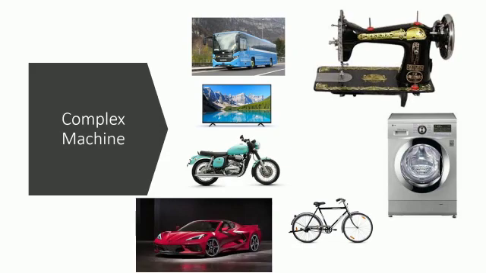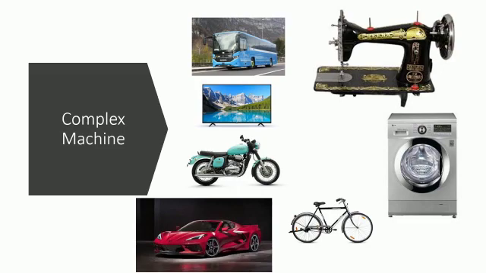Complex machine. A complex machine is created by combining many small machines. These machines have many parts which carry out many processes for completing a task. For this purpose, the parts are joined to one another. Some of the parts of such machines are actually simple machines. For example, the seat, handle, tire or pedals of a bicycle are all simple machines.